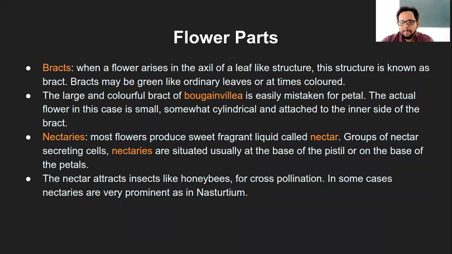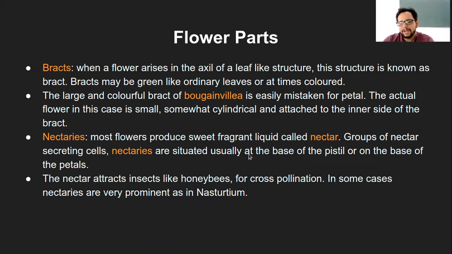So that is the bract. And the second structure, which is also present in most of the flowering plants, is the nectaries. Now, we all know what nectar is, which is a sweet, fragrant liquid. The function of nectar is to attract insects. That is why it has to be present in the flower. And this group of nectar-secreting cells is called nectaries.